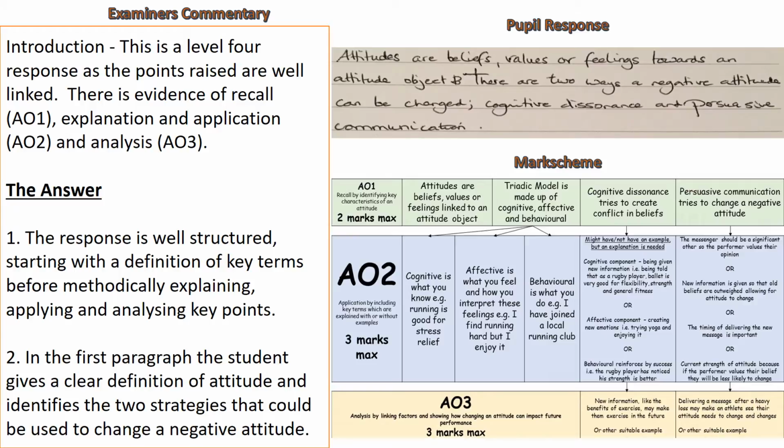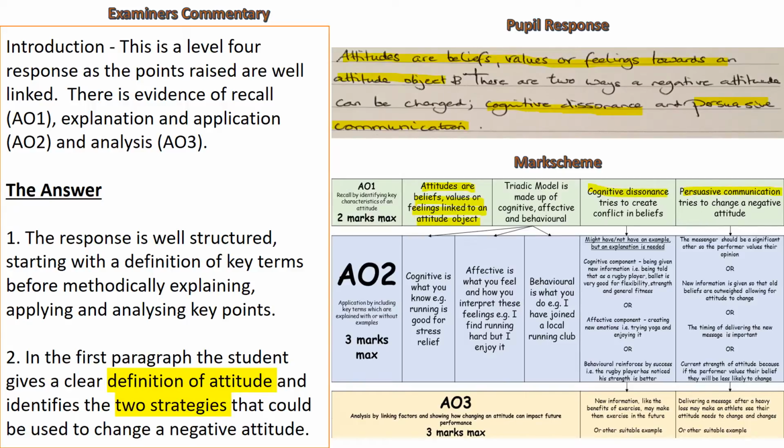Now when you're reading point 2, I want you to use your AO1 colour pen to find the definition of attitude and the 2 strategies that have been identified to change a negative attitude, and highlight them on the pupil response. When you've done that, it might also be a good idea to use the same pen to highlight that content in part 2 as well. Advance the slide to check your answers.